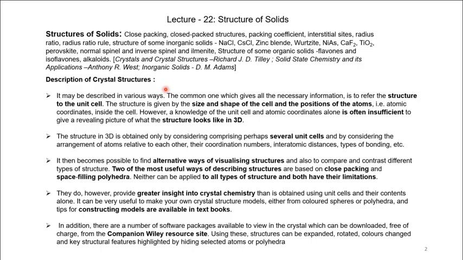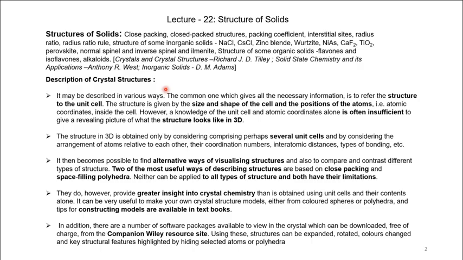There are different ways we describe the structure visually, and the most common ones are close packing and space filling polyhedra. How a structure could be defined in a close packing way or with space filling polyhedra, that is the most common tool.